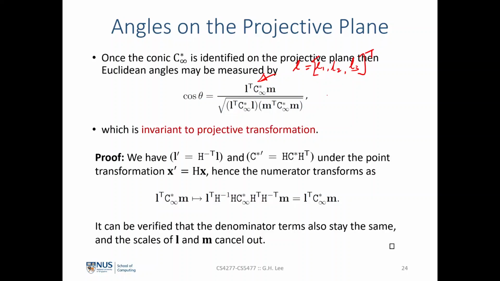And C infinity star is what we have defined earlier to be this matrix, where the off-diagonals are 0 and the diagonals are 1, 1, and 0.